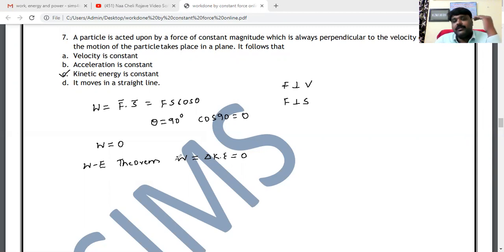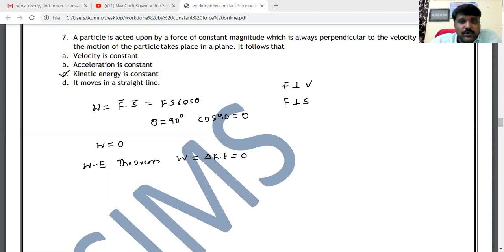Here the force is perpendicular to the velocity, and as the velocity has the same direction as the displacement, the force and displacement are perpendicular. Hence the work done is zero, and if the change in kinetic energy is zero, obviously kinetic energy remains constant. That is the thing.